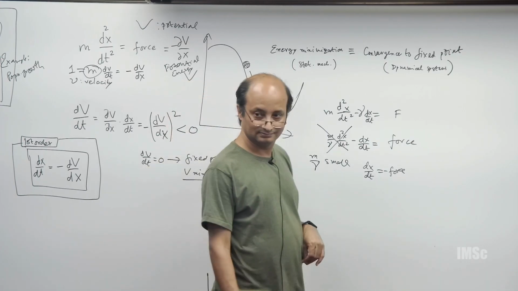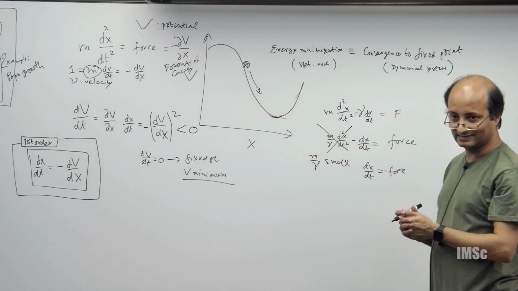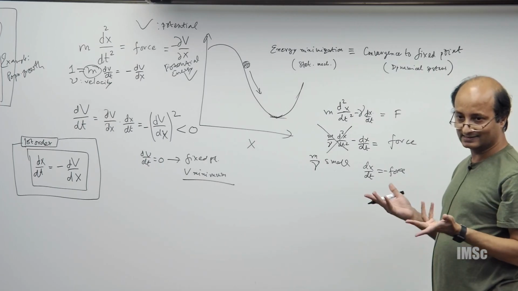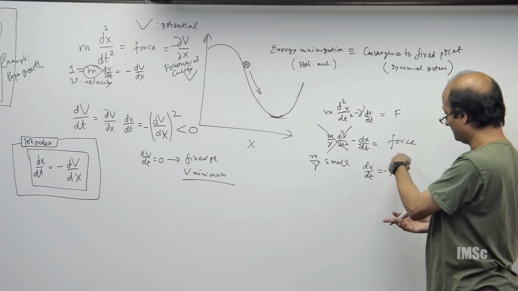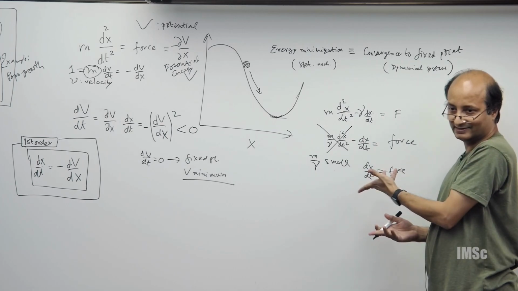It would be plus, it should be plus. Let me do it this way. Which way will the force go? The force is tending it towards the positive x-axis. So there will be del v del x, and now I'm putting this minus. So it is just minus del v del x, right?